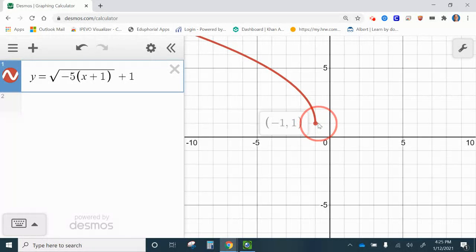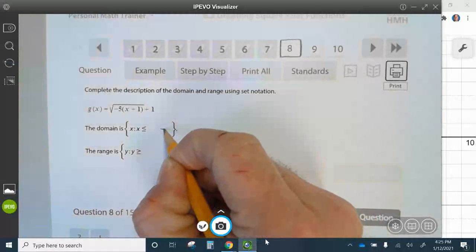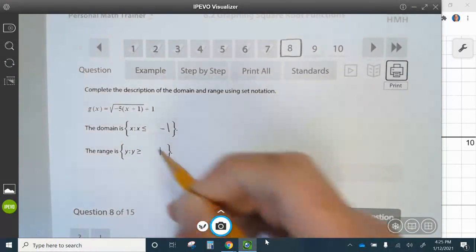So here, our domain, since it's going left, is less than or equal to negative 1, and it's going up for range, so y is greater than or equal to 1. So the domain is x less than or equal to negative 1, and the range is y greater than or equal to 1.